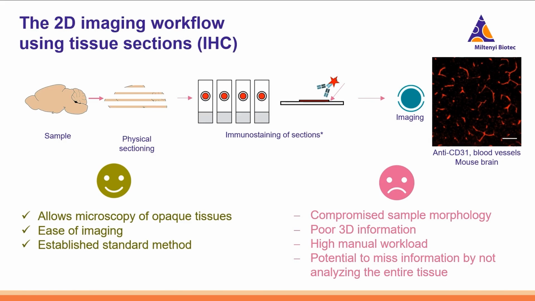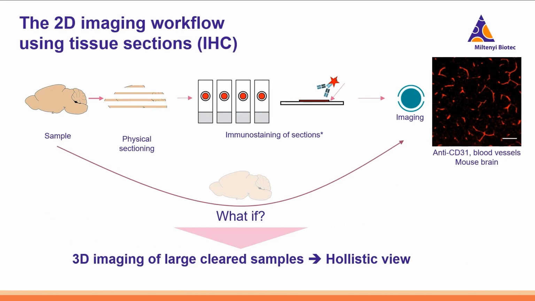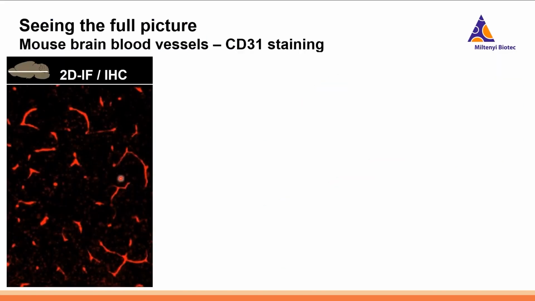So what if we do 3D imaging of a large cleared sample to have a holistic view of the whole structure of the tissue? What you see on the left side is 2D imaging of the mouse brain blood vessel system labeled by a CD31 antibody.